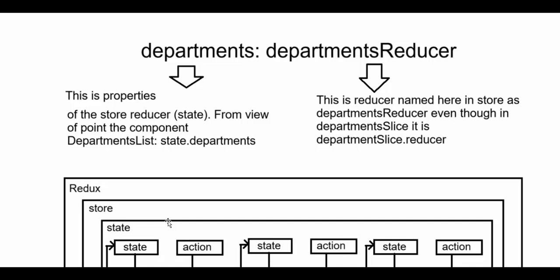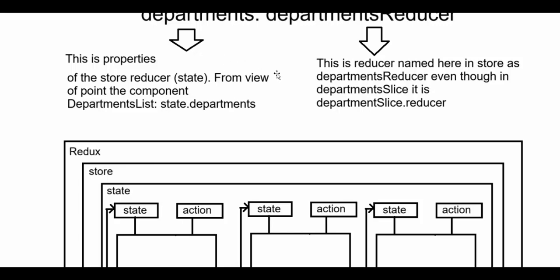From the point of view of the component DepartmentsList, it sees the store, like the state of the store, state.departments. This is a reducer, on the right side, departmentsReducer. This is the reducer named here in the store as departmentsReducer, even though in departmentSlice it is departmentSlice.reducer.